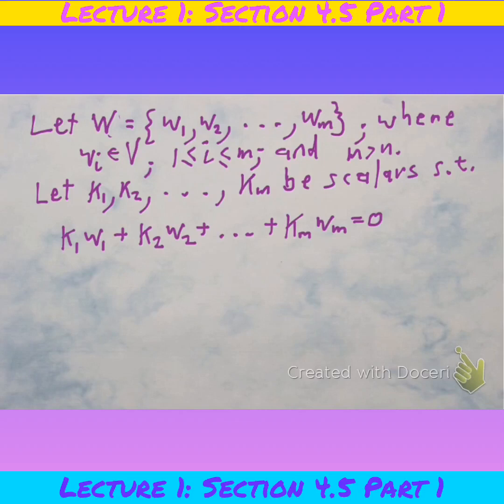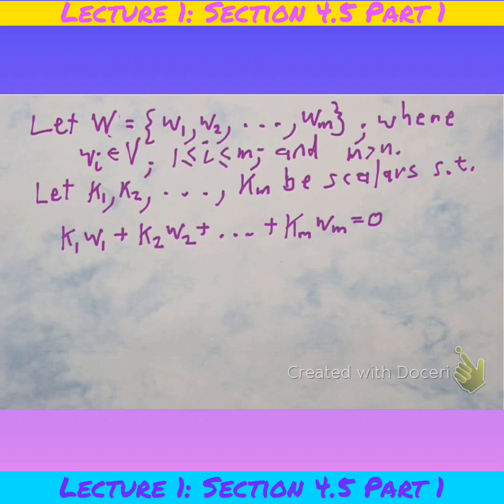Alright, so let k1, k2 up until km be scalars such that that linear combination is equal to 0, and what we want to do now is establish whether W is linearly dependent or linearly independent. We want to show it's linearly dependent.